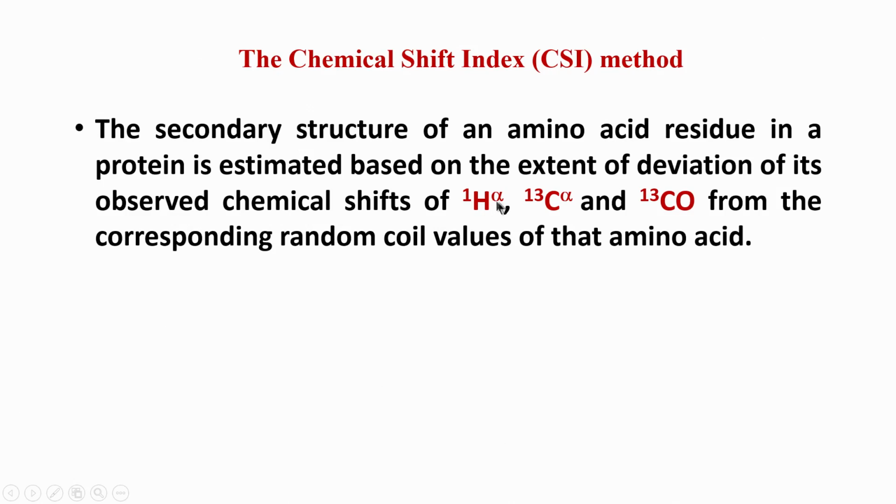For example, if I take alanine number 44 in my protein and find its chemical shift values for these 3 atoms, then I look for alanine in the table and see the random coil values for alanine. The observed value minus the random coil value gives me the deviation, and that deviation will tell me whether it is alpha helix, beta sheet or random coil. We will see now how this is done in more detail.